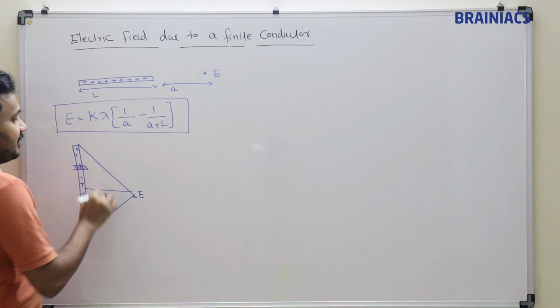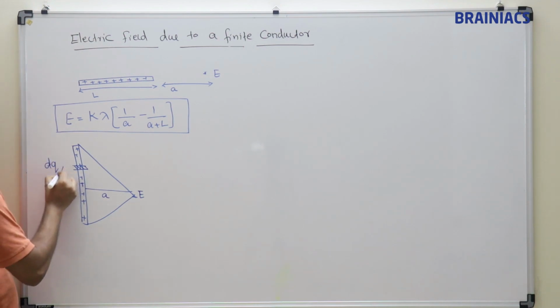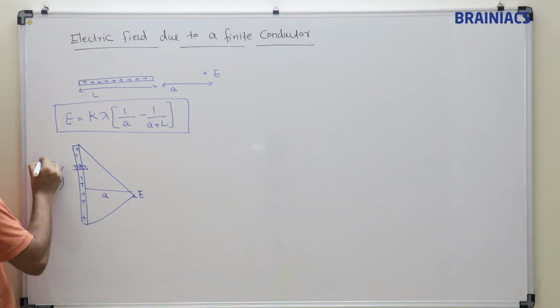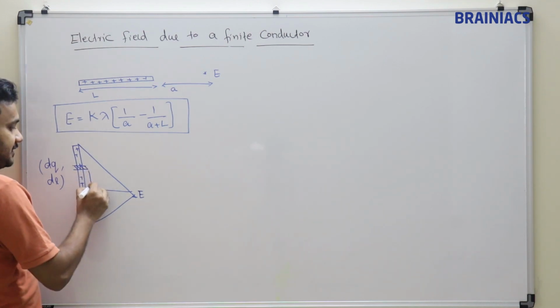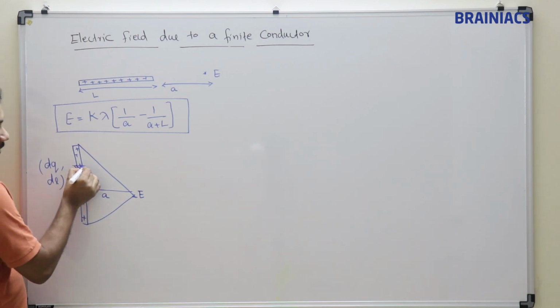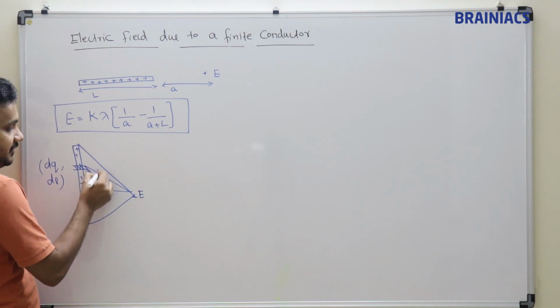We will say the current element has a charge of dq and a length of dl. Here, what extra I am doing is considering this length as small letter L.